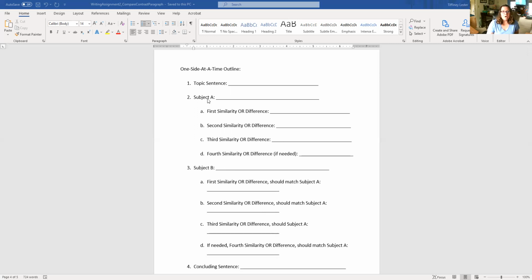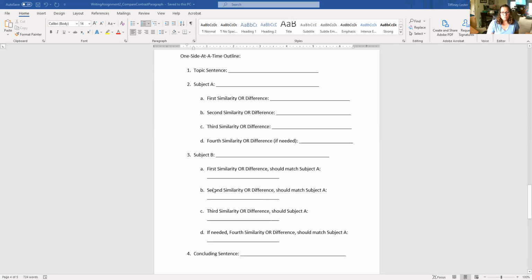If we talked about transportation or saving money, right? Up here with online classes, we're going to talk about that same idea down here with on-ground classes. If we talked about distractions up here with online classes, we're also going to talk about distractions down here for on-campus classes. So that's why it says should match subject A.